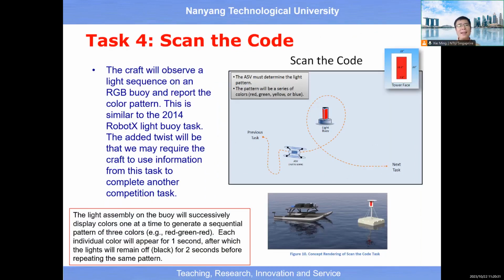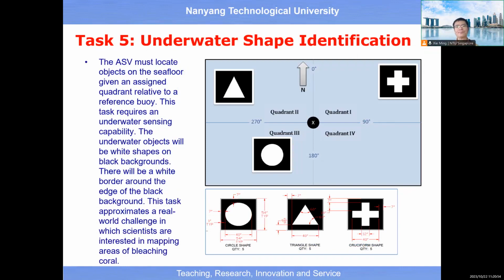And this is to develop the autonomous capability for the surface vehicle to observe dynamic features in the scene. In this case, we want the vehicle to be able to record the color sequence emitted by the lighting tower, right? And this is a task for the vehicle to identify or recognize familiar objects placed on the seabed, or riverbed, or waterbed, at the bottom of the river.